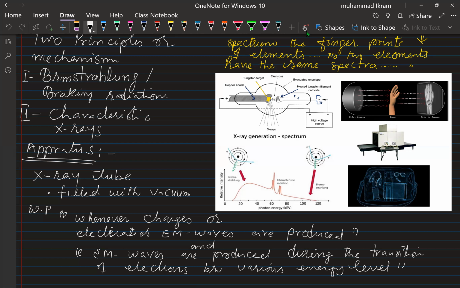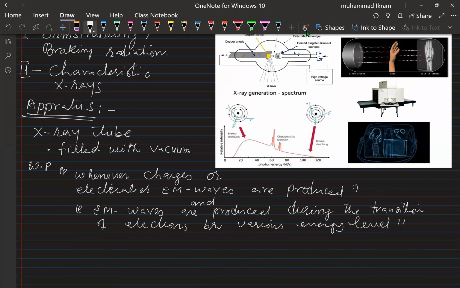Now here, as I told you, the X-ray tube is filled with vacuum. I told you about the cathode also, and the cathode is in fact what? A tungsten filament.